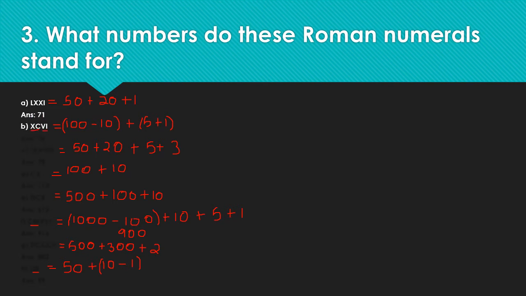Next B, X, C, V, I. So here you see the first two numerals, that is XC, that is smaller numeral with greater numeral. Smaller numeral with greater numeral you have to subtract. So C is 100 minus X is 10.